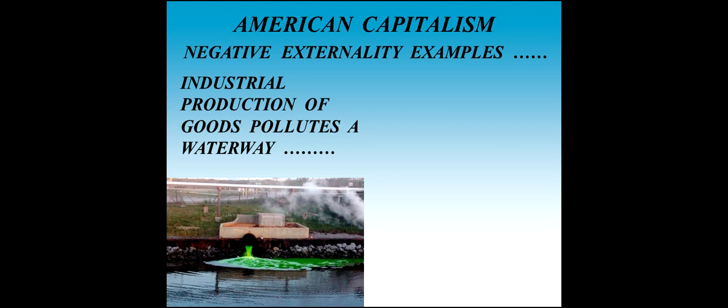This company is located on a river, and in the production of its plastics that it sells to other businesses who make products that include the plastic parts, the company dumps its wastewater, which includes chemicals, into the river that it is located next to, as it shows here in this picture.